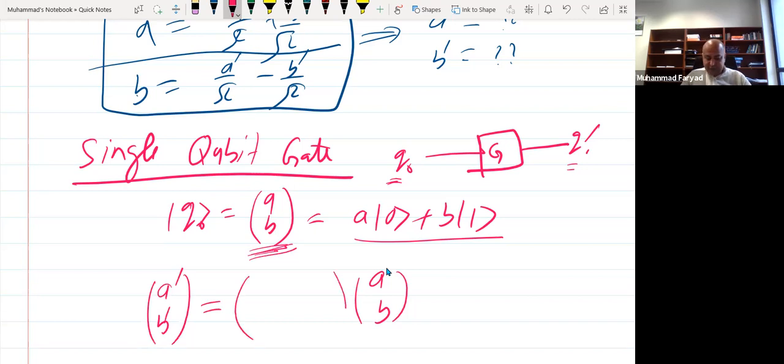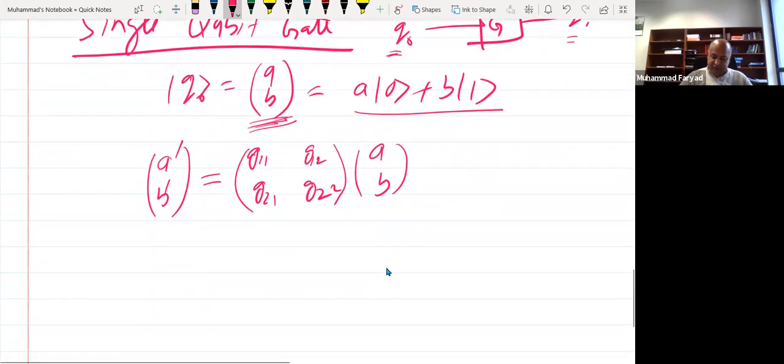And this matrix has to be a 2 by 2 matrix, because a 2 by 1 column vector is being transformed to another 2 by 1 column vector. So the only possible transformation is a 2 by 2 matrix. Let's call it G11, G12, G21, G22. So this gate G can be specified like this.